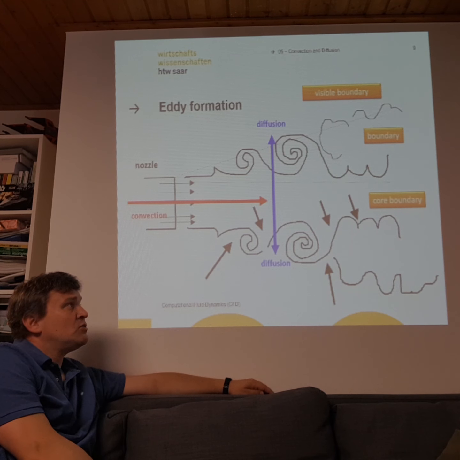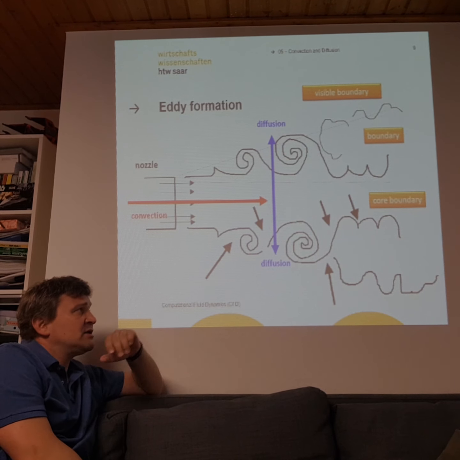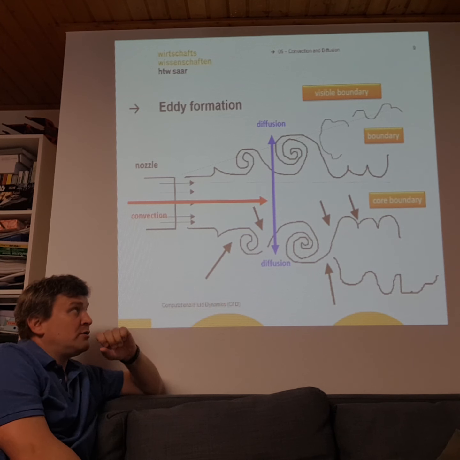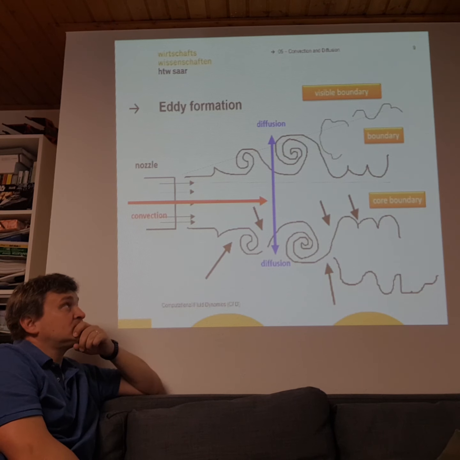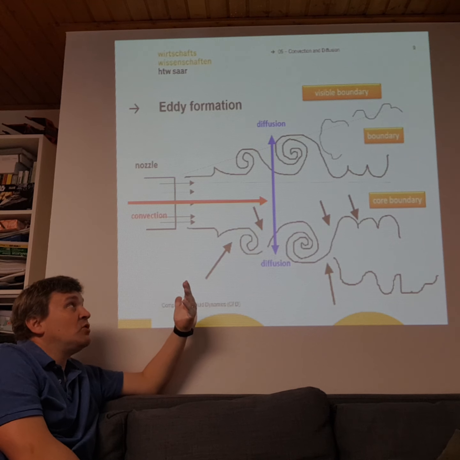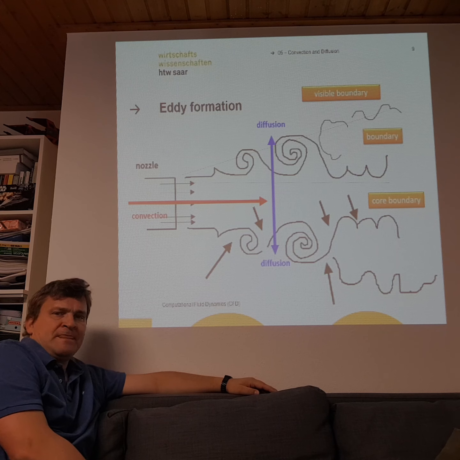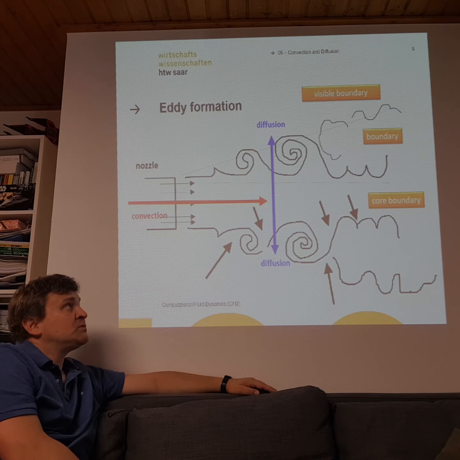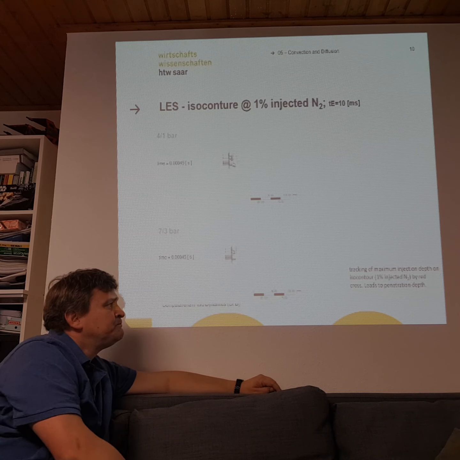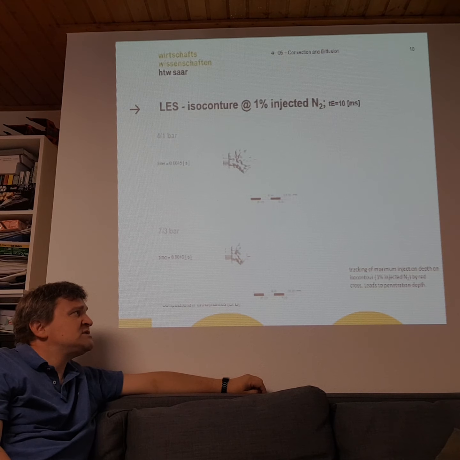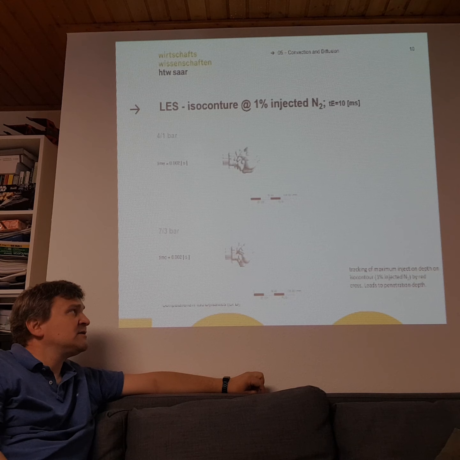Okay, so if you look closely at the jets, we will always produce a core boundary and a boundary layer that is built from the swirls, and that's what we can see if we look at the jets. Okay, maybe here is some good visualization of this effect.